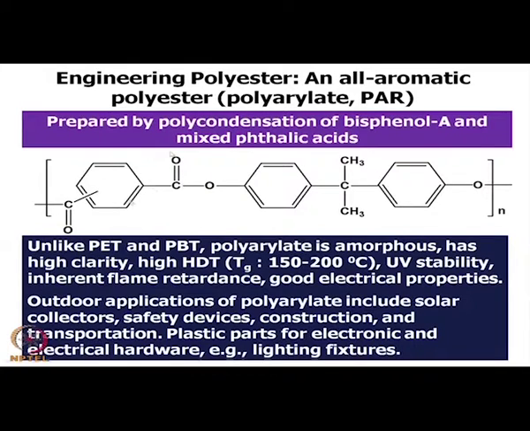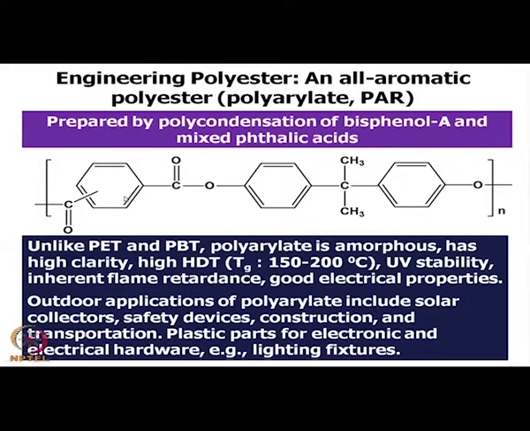This is a mixed phthalic acid, in the sense that the linkage of two carboxyl groups to this aromatic ring can be either at the para position or at the ortho position or at the meta positions. That means 1,2 linkage or 1,3 linkage or 1,4 linkage. Any of these 3 linkages can be there. So, that is why it is shown like this. So, this is a mixed phthalic acid.